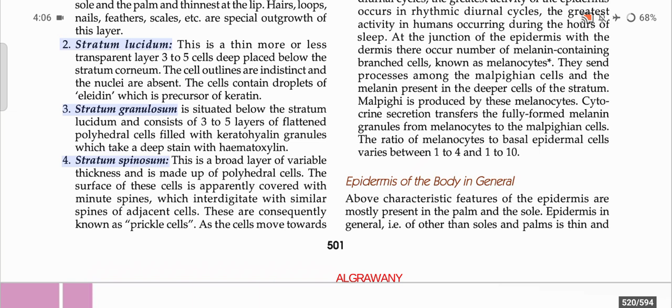Then the fourth layer, stratum spinosum. It is a broad layer of variable thickness and is made up of polyhedral cells. The surface of these cells is apparently covered with minute spines which interdigitate with similar spines of the adjacent cell, and these are consequently known as prickle cells.